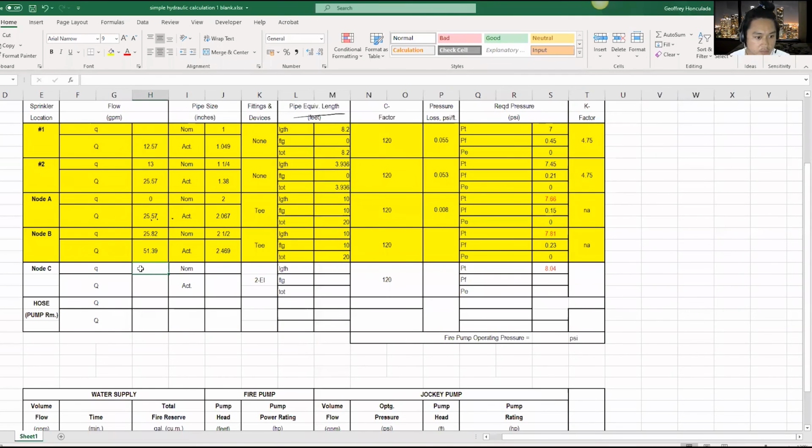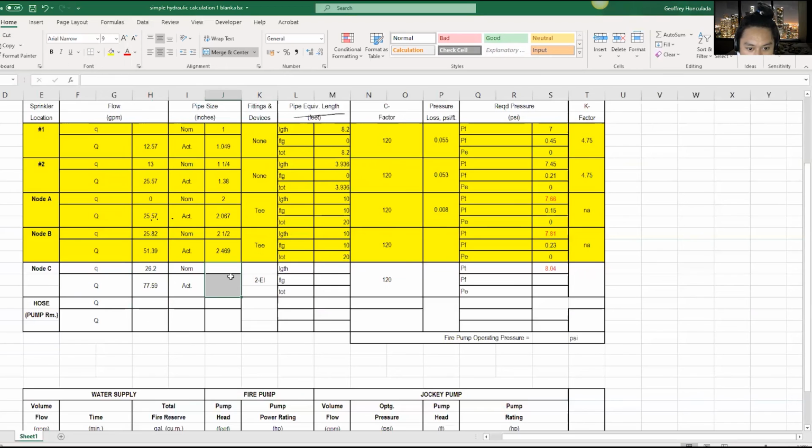So the total flow rate now at node C is just 51.39 plus 26.2. That's the value. So we've got now a total flow rate of 77.59. We can make that 77.6.